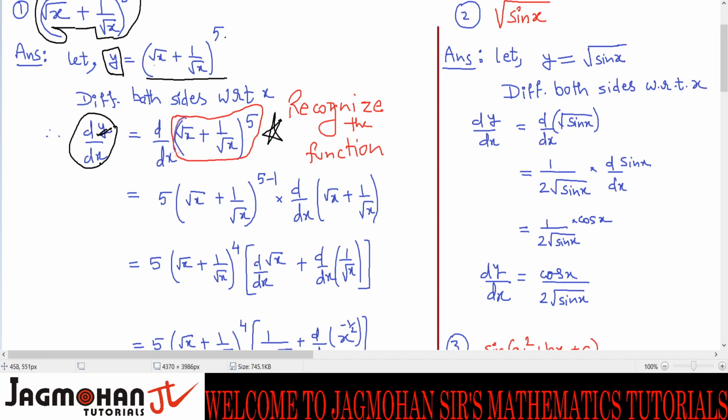Because I have a variable as the base, and the power is a constant. You don't see anything other than a variable in the base, and the power here is a constant. So it is variable raised to constant.